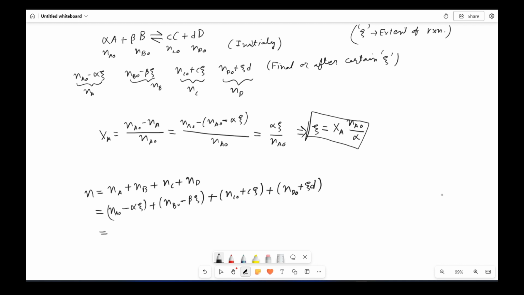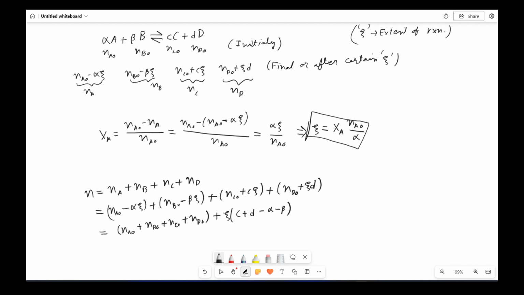Now we can see that Na naught, Nb naught, Nc naught, and Nd naught we can write as separate terms: Na naught plus Nb naught plus Nc naught plus Nd naught, and taking epsilon common, we will get c plus d minus alpha minus beta.